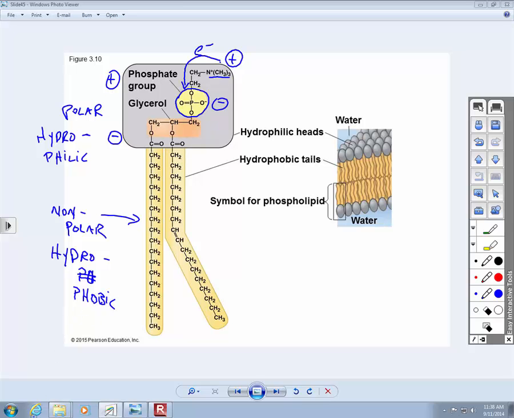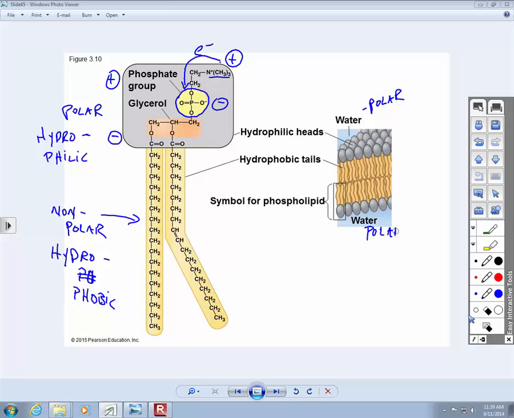All right, so that is going to help us to organize a plasma membrane, or a cell membrane, as I normally would put it. So that's very important. This is the way they arrange. If you put them in, say, water, which all cells have on the inside of them, mostly, and on the exterior of the cell you have mostly water, so the water's polar, whether you're on the exterior of the cell or on the inside of the cell.